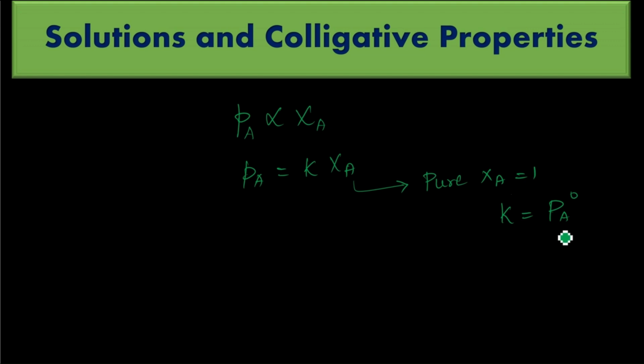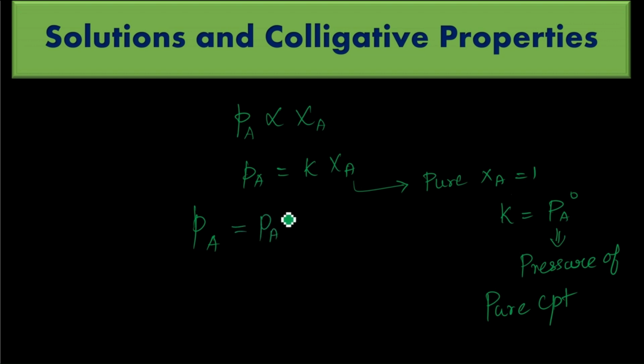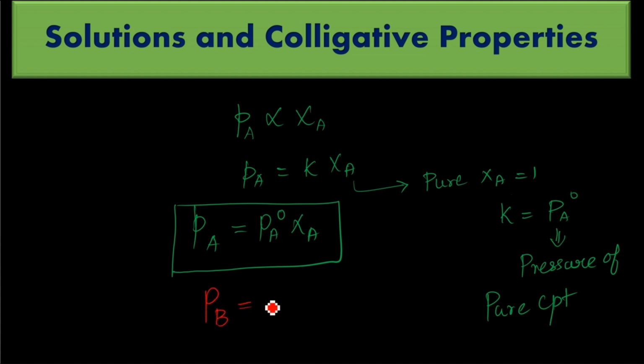So this is the vapor pressure of the pure component. Point to be noted. So how I am writing this equation is, instead of K, I am using P_A = P_A naught chi_A. This formula is super important. Note this down. Similarly, for B, P_B = P_B naught chi_B.